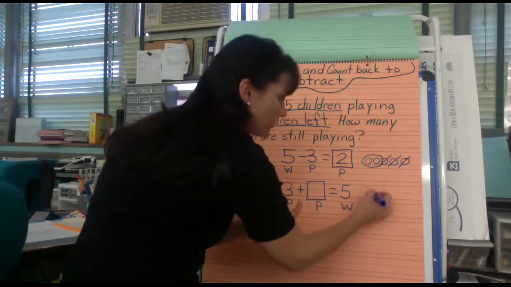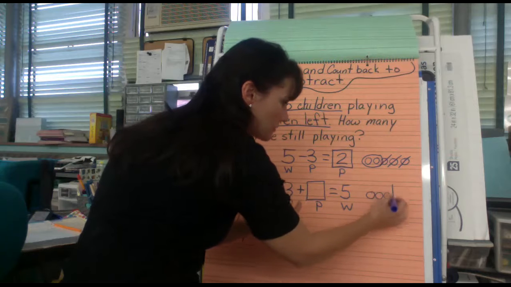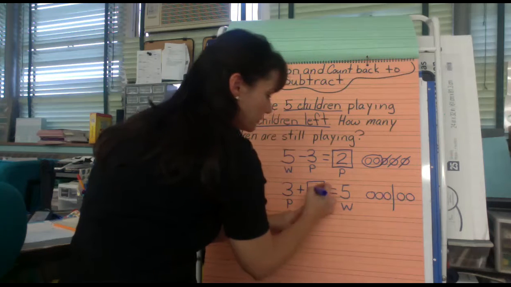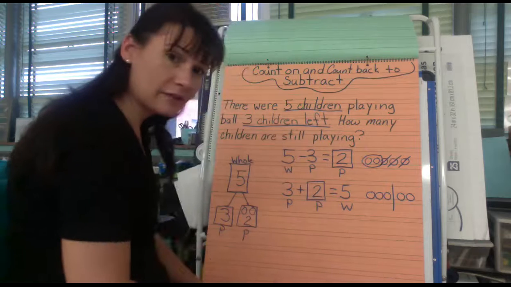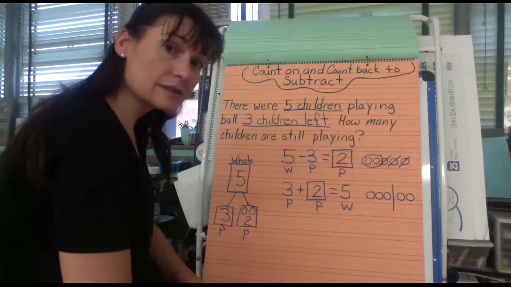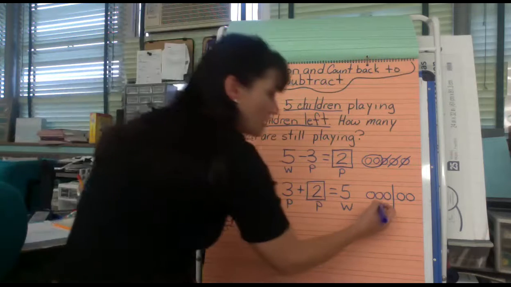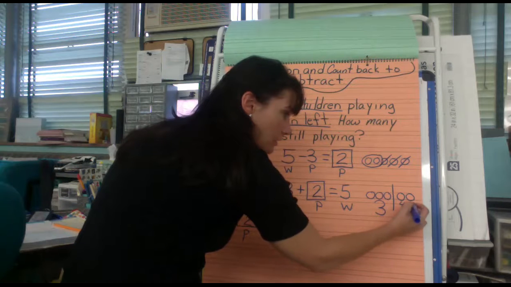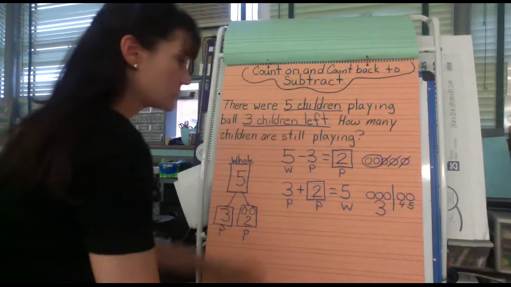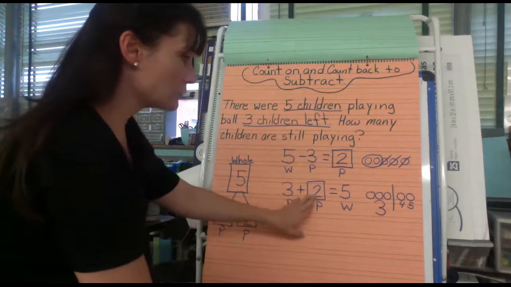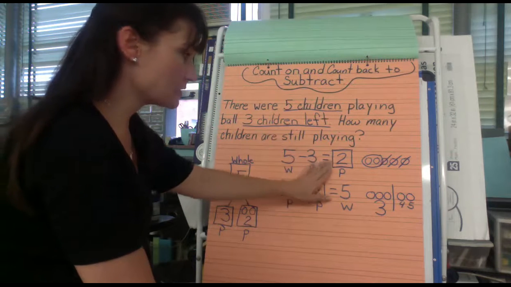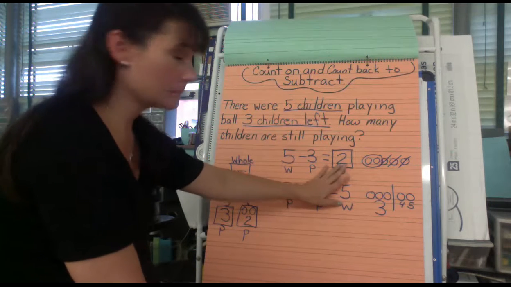If I have 3 counters and I add 2 more, will I get 5? Let's see. Let's use our counting on strategy. 3, 4, 5. So yes, 3 and 2 more equal 5. So 5 minus 3 equals 2.